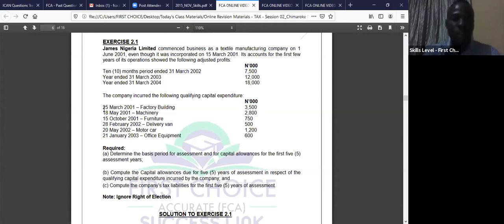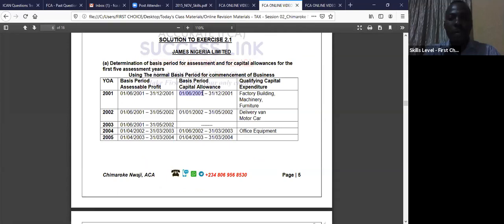Let's look at the assets we have purchased. Look at March 2000 factory. There's no, but because the business started first, all the assets that are for the business in the eyes of the law, they are said to have been purchased on June.